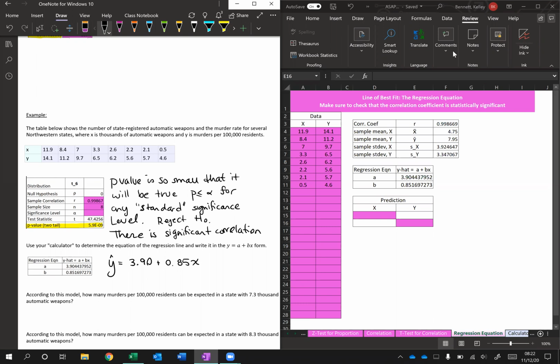And then according to this model, how many murders per 100,000 residents can be expected in a state with 7.3 thousand automatic weapons? So was the number of automatic weapons an x value or a y value? We go back to our problem. x is the number of automatic weapons. So I'm going to use x equals 7.3, and I want to figure out what my y is.